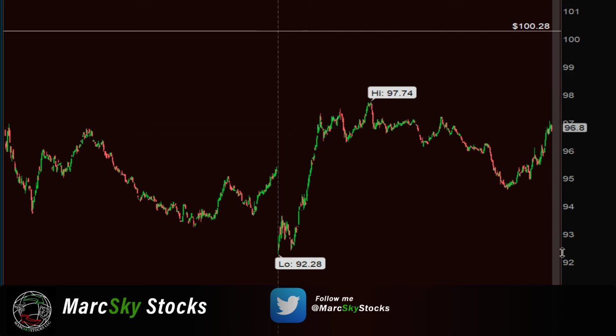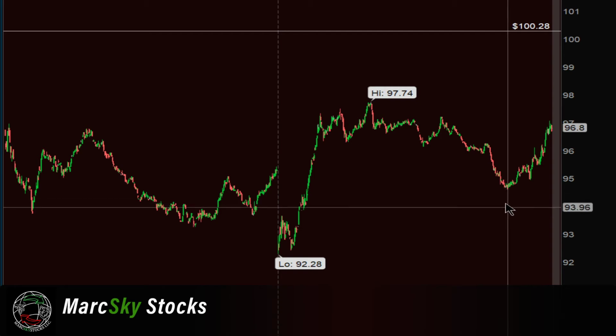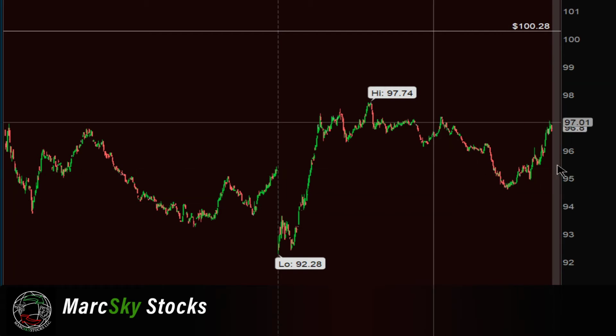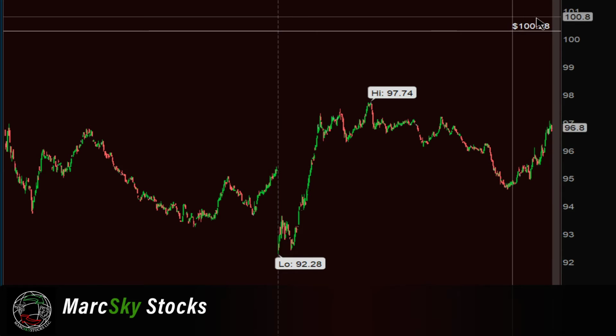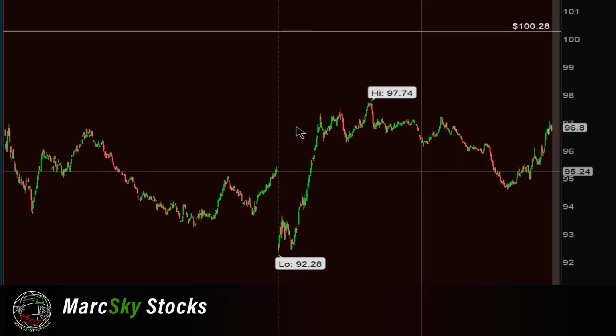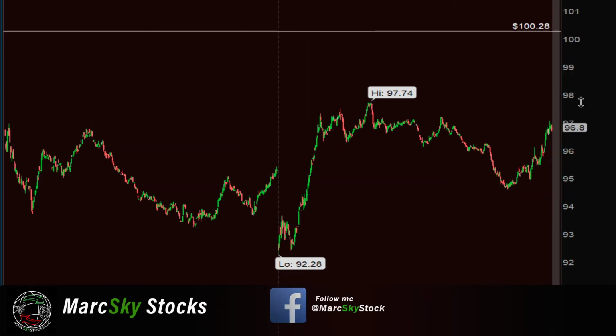So since we're looking at this chart and FIVE is up, I'm going to screen share my phone so that you can see what I'm looking at. What I would be looking at is probably the 100 calls on this one. By the look of it, if we can break this out, I think we'll hit 100 bucks at least, right? So now I flip it and go look at my option contracts.